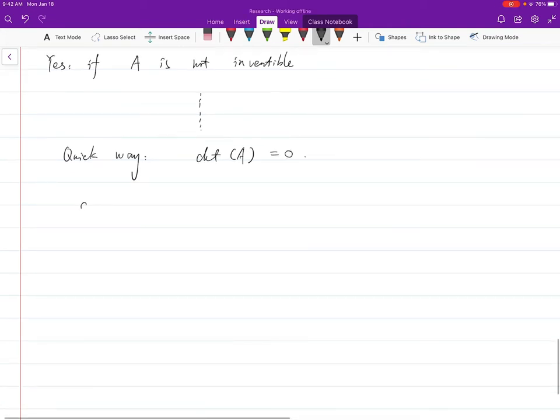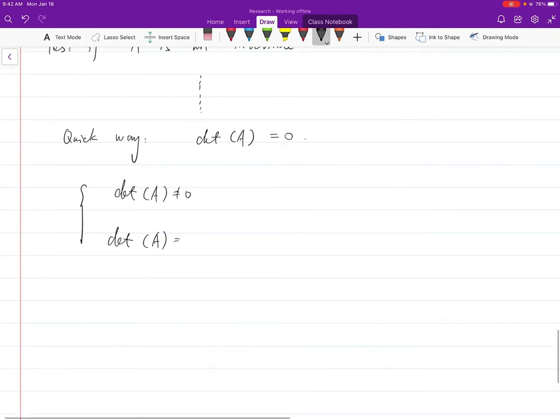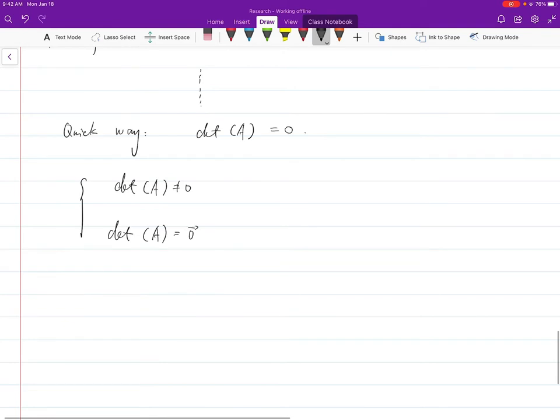Okay, so I want to write down the fact. This is just one way to justify if a matrix A is invertible, and therefore whether it has a trivial solution or a non-trivial solution for the homogeneous case.